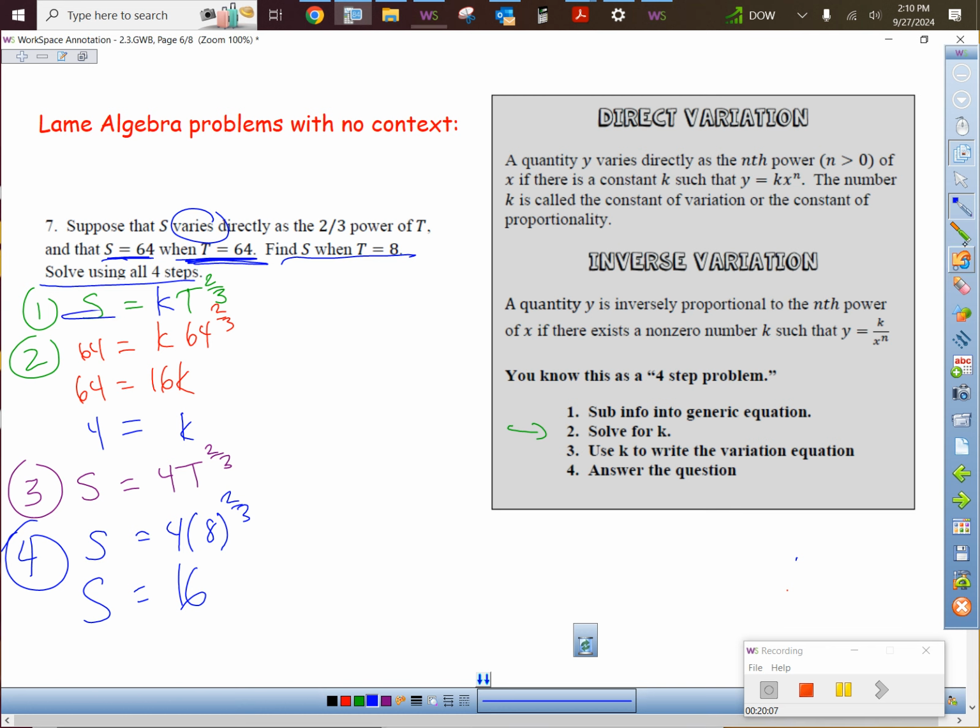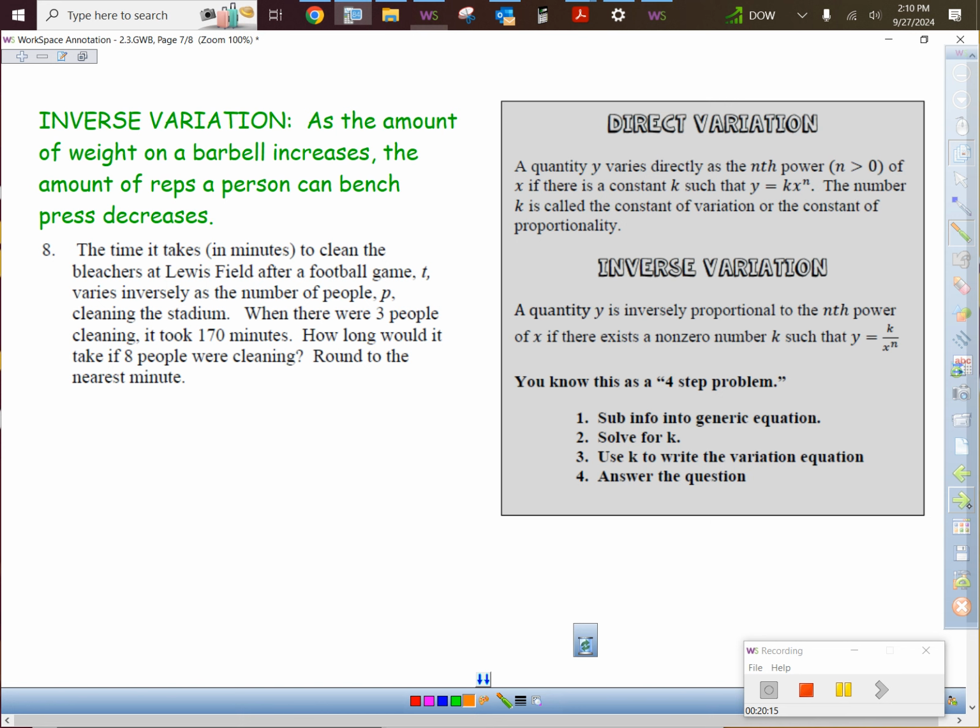Here's the secret. I'm trying to use a highlighter, sorry. All the letters are upstairs. No one was down in a denominator unless we do inverse variation. And I could tell you my green example up here is the most realistic inverse variation situation you could get. We could all take a trip to the weight room right now and I ask you to bench press.